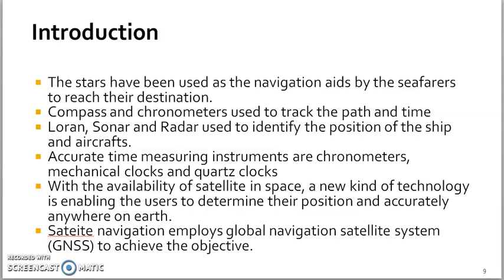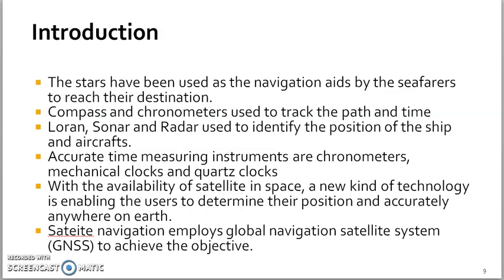In the case of seafarers, they used stars as navigation aids to reach their destinations, and we know that there are a lot of components we can use to measure positions or to identify locations.